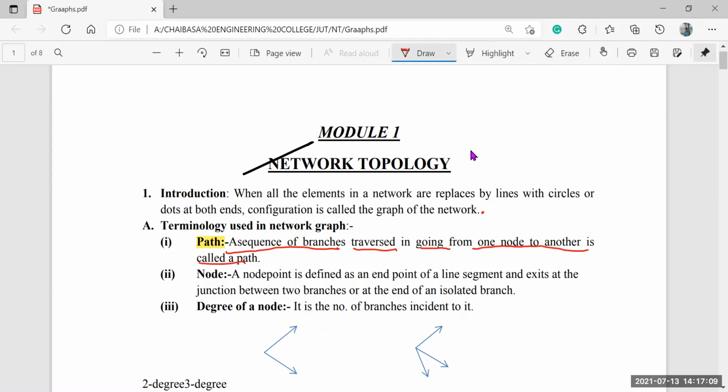So let's take a small network. Okay, let's take this as your electrical network.